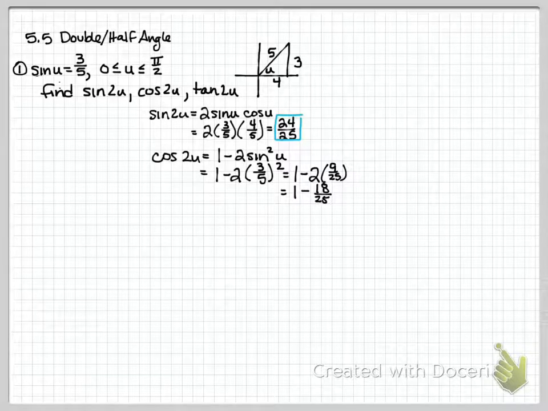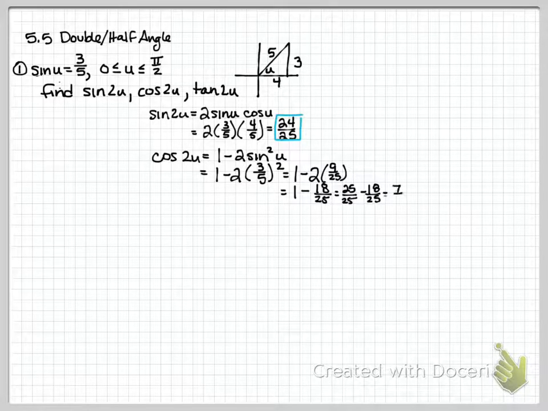Common denominator is 25. And I get 25 over 25 minus 18 over 25. And that's going to give me 7 over 25. And let me make this a little bit bigger so it's easier to see. Okay. That is my cosine of my double angle.